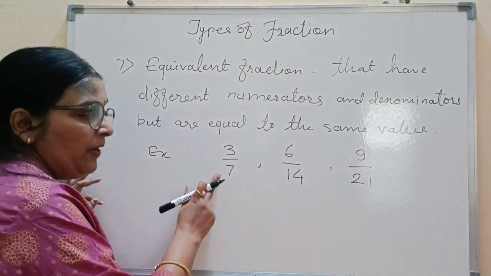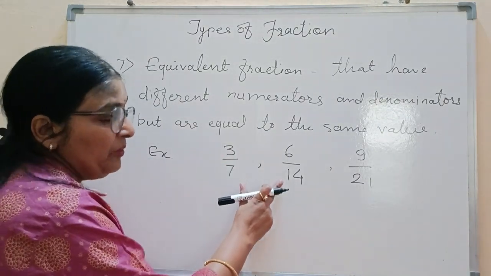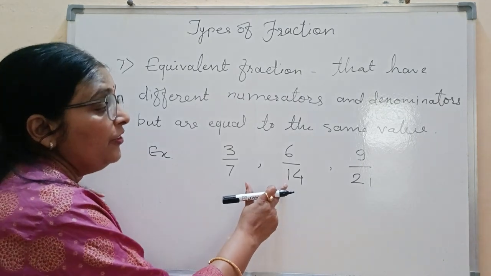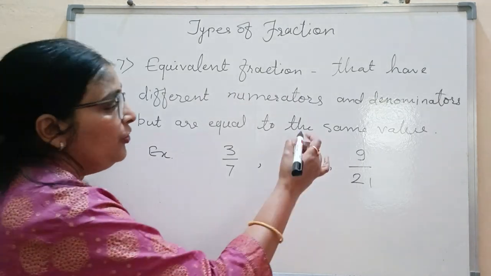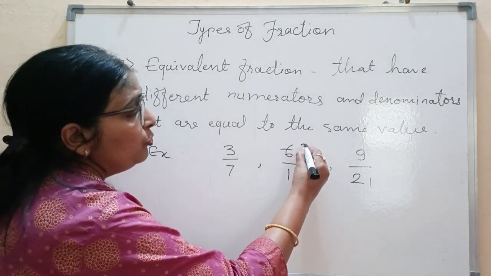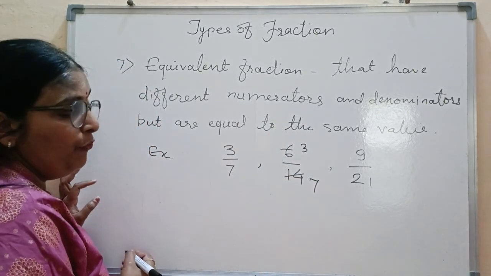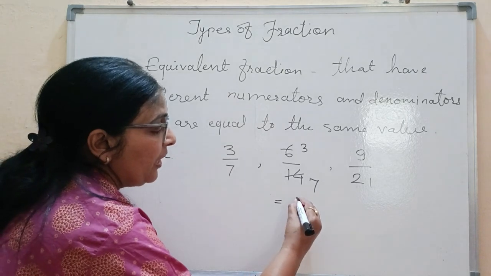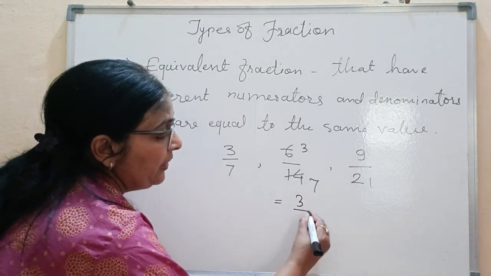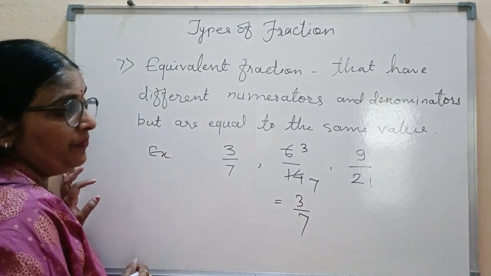Now here 3/7. Here 6/14. Here I can reduce this fraction. 2 3s are 6, 2 7s are 14. So after reducing, you will get 3/7.